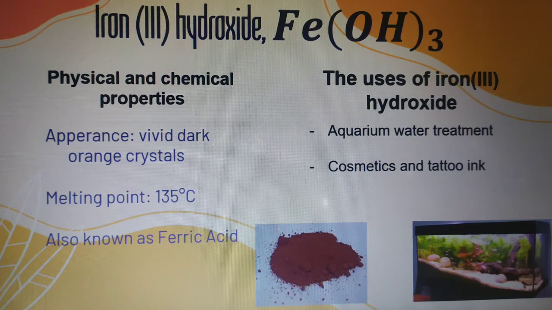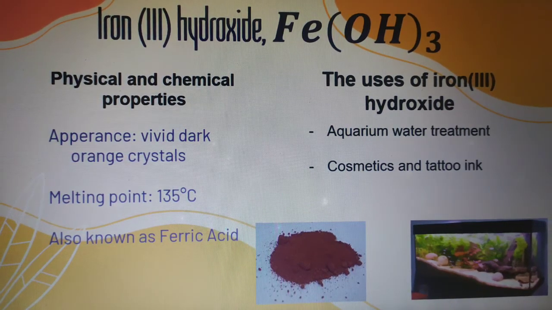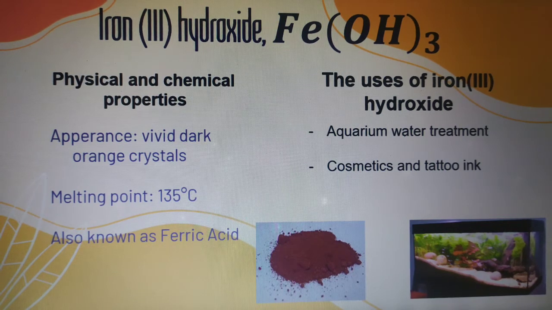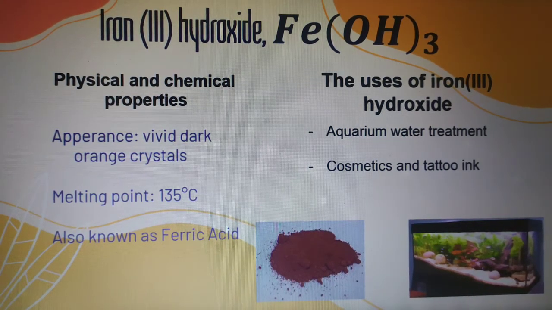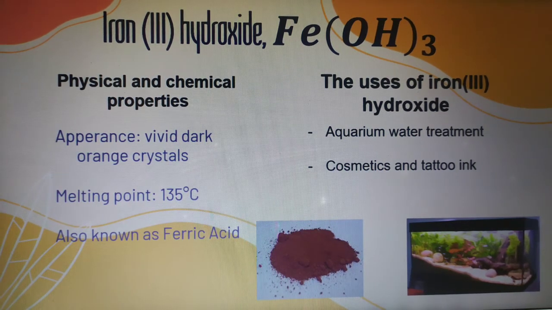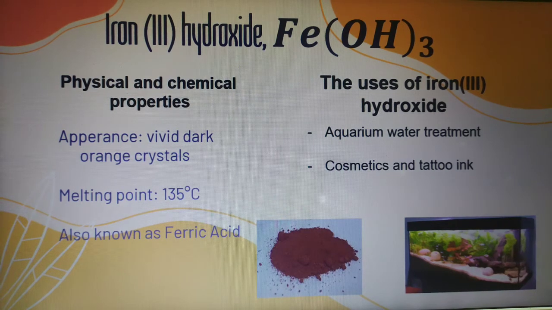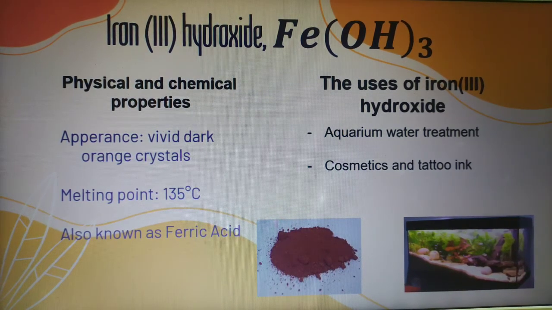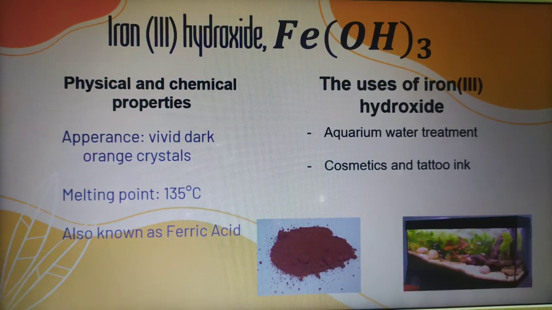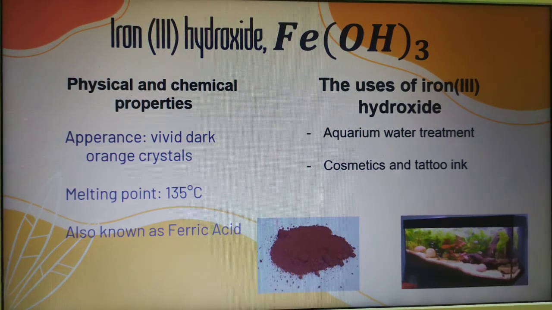The melting point of this compound is 135 degrees Celsius, and this compound is also known as ferric acid. Next are the uses of iron 3 hydroxide. It is used as aquarium water treatment and also in the production of cosmetics and tattoo ink.